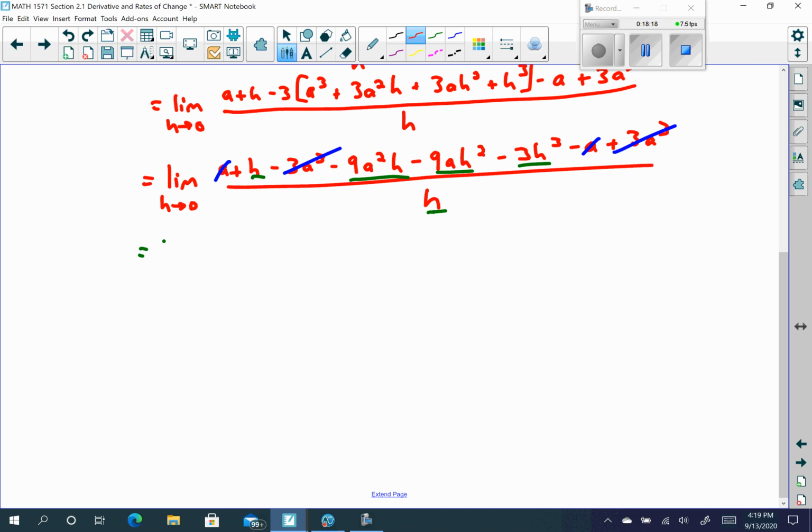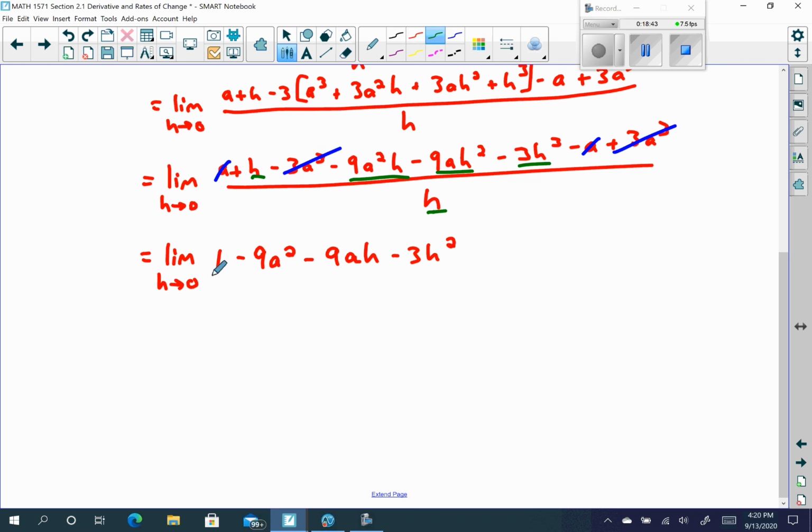So let's go through that. I still have the limit notation. So h divided by h is 1. Minus 9a squared h divided by h is minus 9a squared. Minus 9ah squared, divide that by h, is minus 9ah. And then minus 3h cubed, divide that by h, minus 3h squared.